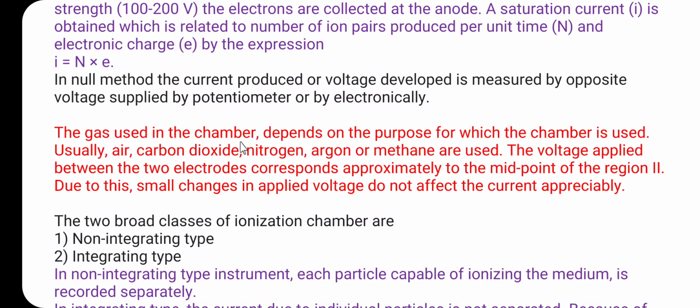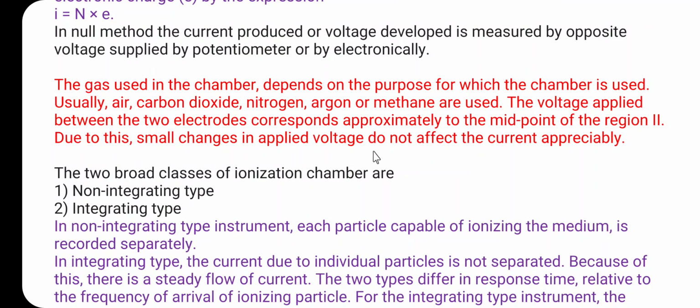The gas used in the chamber depends on the purpose for which the chamber is used. Usually air, carbon dioxide, nitrogen, argon or methane are used. The voltage applied between the two electrodes corresponds approximately to the midpoint of region 2, so small changes in applied voltage do not affect the current appreciably.